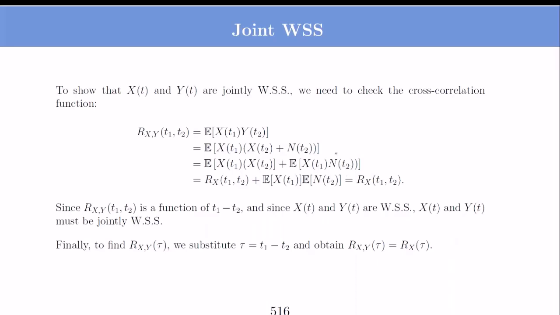This term will again become 0 because n is independent and E of n(t2) is 0. And this term is nothing but Rx(t1 minus t2), which is again a function of only t1 minus t2. So Rxy(t1, t2) is just Rx(t1 minus t2), a function of only t1 minus t2. Hence, x(t) and y(t) are jointly WSS.